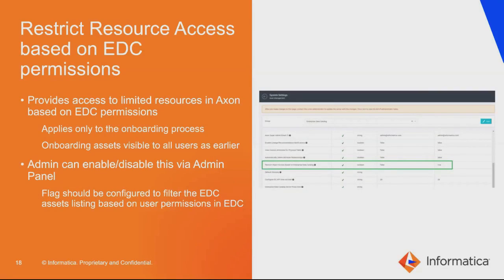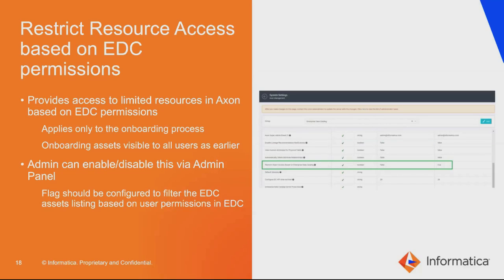Now, we have also introduced one additional capability around access control in Axon. So earlier, when the Axon administrator would be onboarding assets from EDC into Axon, those administrators would be able to see every resource that's defined in EDC, irrespective of whether the user himself or herself had access to those resources in EDC or not.